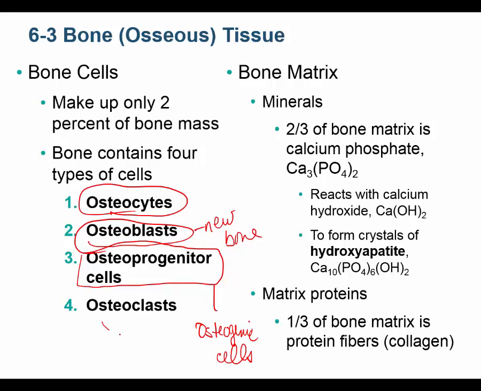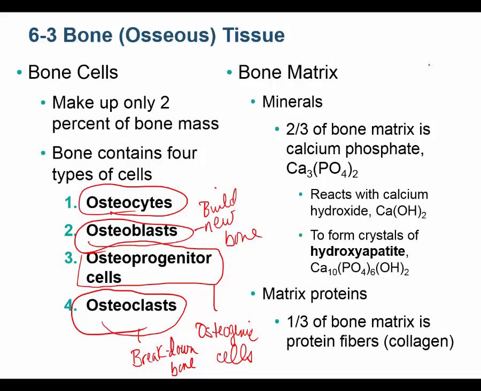And it's these osteoclasts that break down the bone. So osteoclasts break down bone, they digest it, they dissolve it. I'm saying different ways of saying the same thing. And osteoblasts build new bone. So osteoblasts and osteoclasts do the opposite types of things.